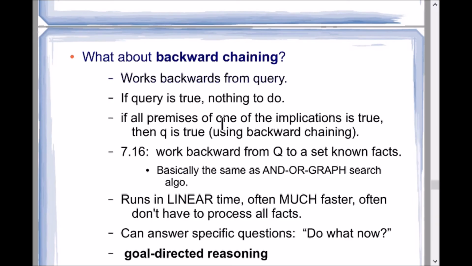You start off with the goal, you find an implication that has a matching conclusion, and if the premises are both true, well, done, over. Who cares about everything else in the knowledge base, right? So oftentimes these algorithms can run much faster than linear time.